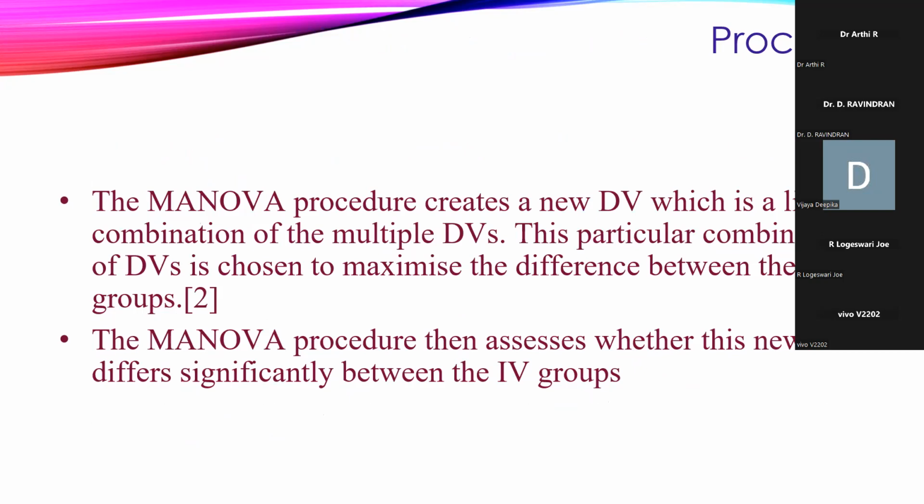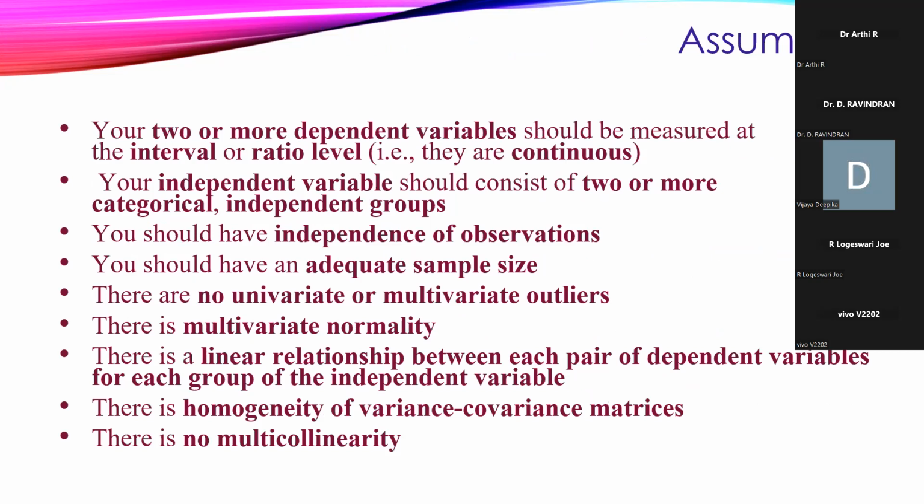How this functions is it creates a new dependent variable, which is a combination of multiple dependent variables, and then it compares this new dependent variable across the different groups and finds out whether it is significantly different or not. That is the procedure adopted for MANOVA.